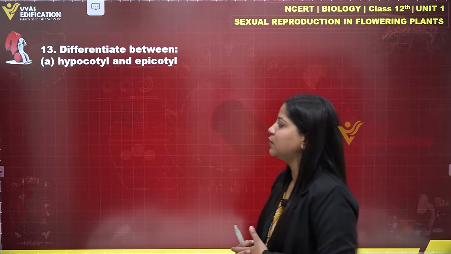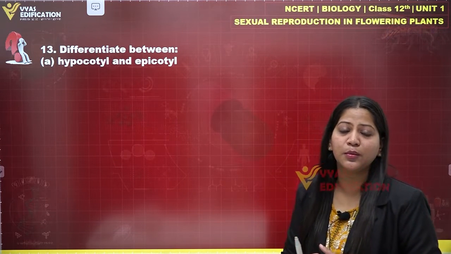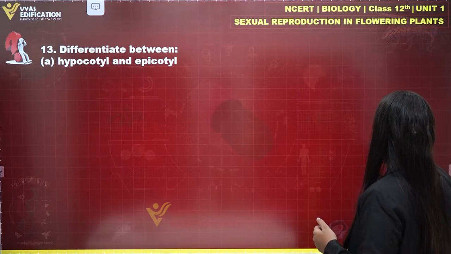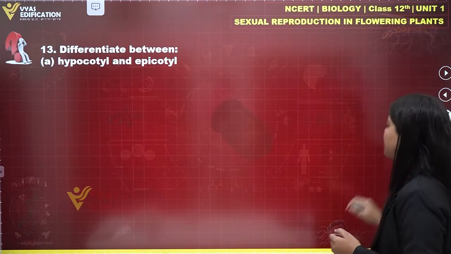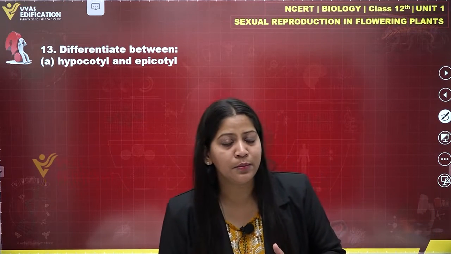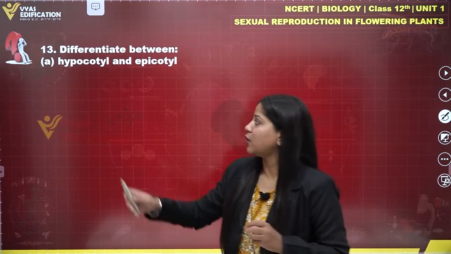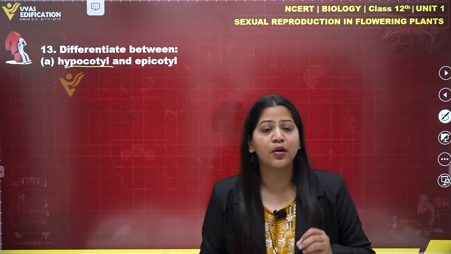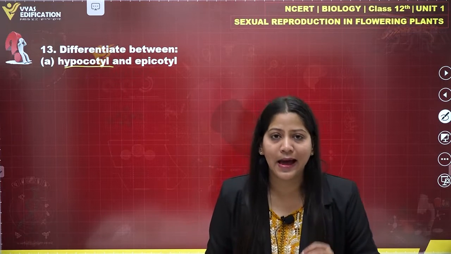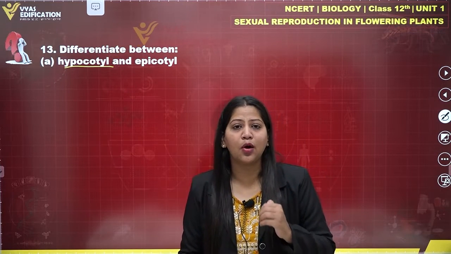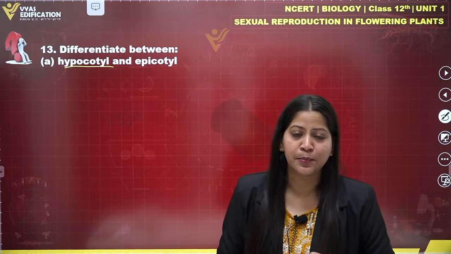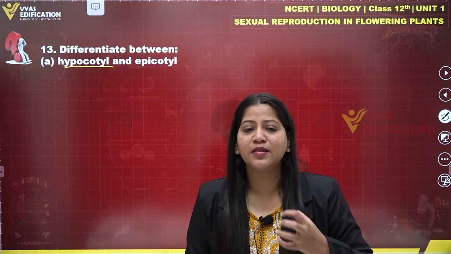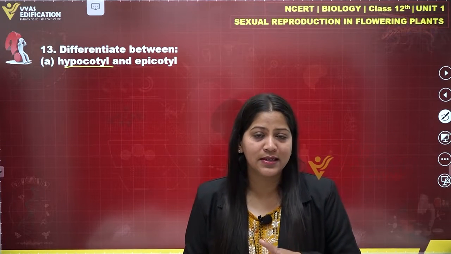The first part is to differentiate between hypocotyl and epicotyl. Hypocotyl is the portion present on the embryonal axis just below the cotyledon in a dicot seed.